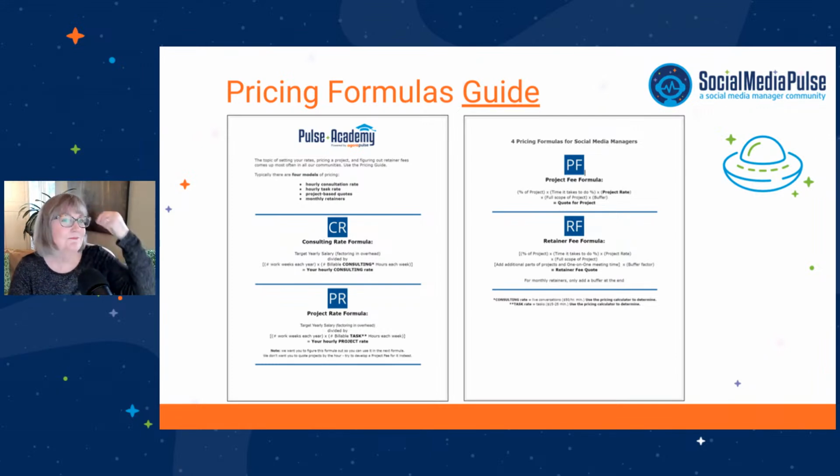But if you love math and you love formulas and you like to write this stuff down yourself, then the manual way of finding out your fees is also available. And this pricing formula guide will show you those 4 formulas.